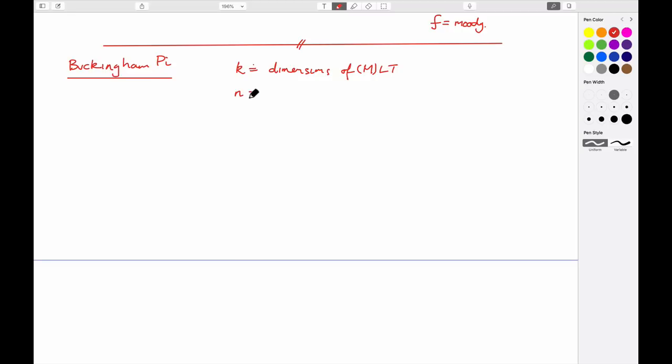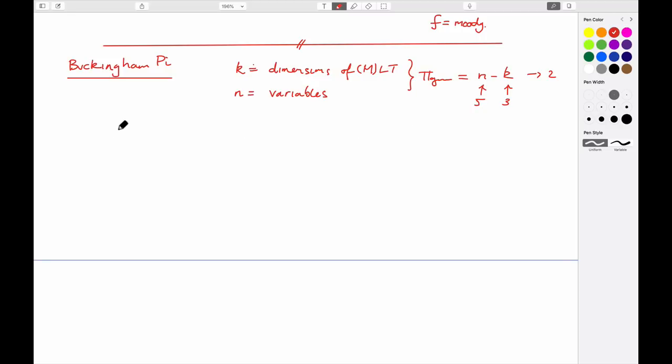We define it in terms of the number of variables, and the number of pi groups is equal to n minus k. And so if you have all three of these in the system, then mass, length and time in the system, then you'd have 3. And depending on how many variables you have defining the system, if you have 5, then it's 5 minus 3, which is 2, say. And so that's relatively straightforward.